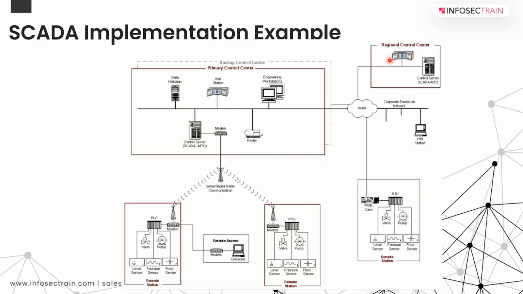So basically, this is a regional control center, and through a wide area network, or it could be the internet, it's connected to the enterprise network. So what happens here is this enterprise network will be able to access all the control centers through the WAN and the field sites remotely for troubleshooting, maintenance, or for enterprise requirements.